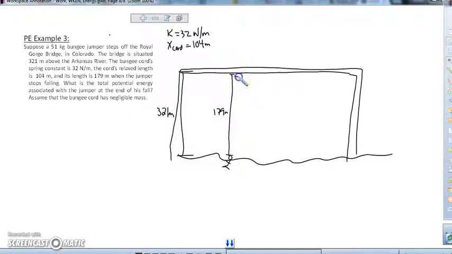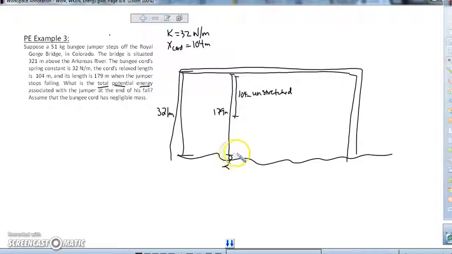But we know that the cord is only unstretched up to 104 meters. What is the total potential energy associated with the jumper at the end of their fall?